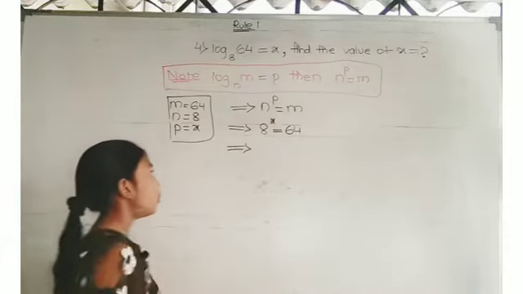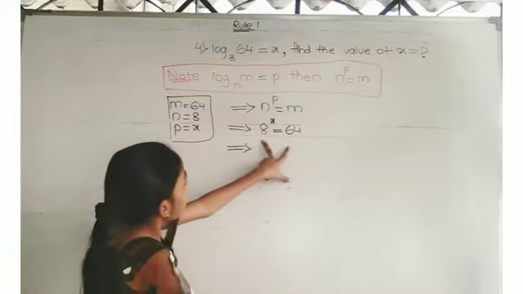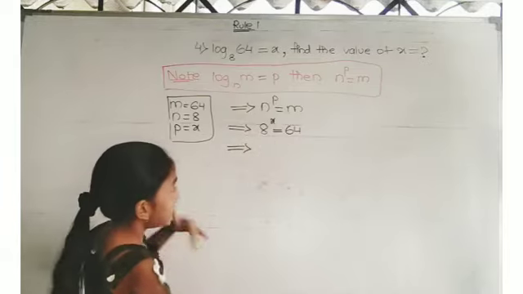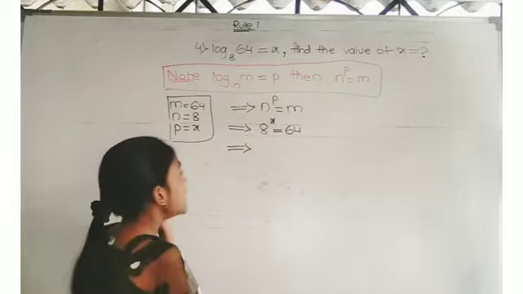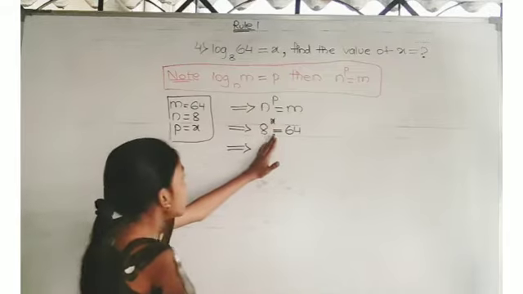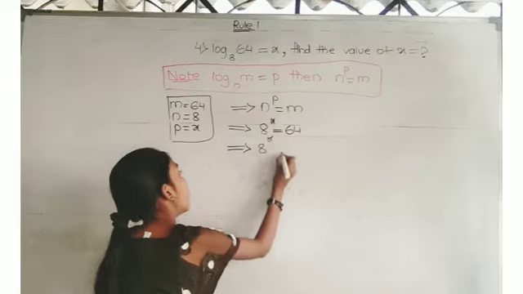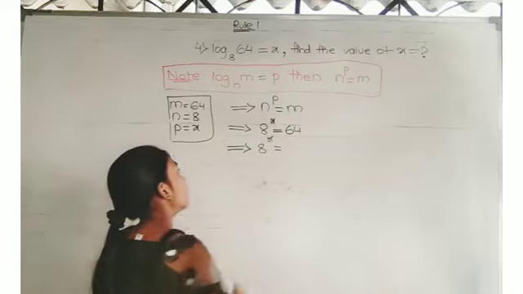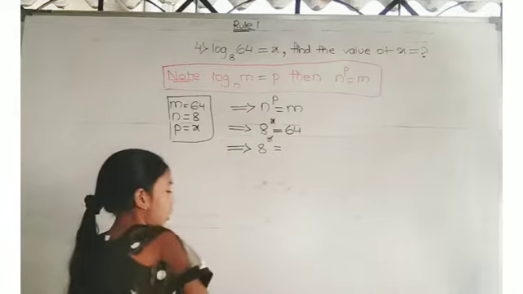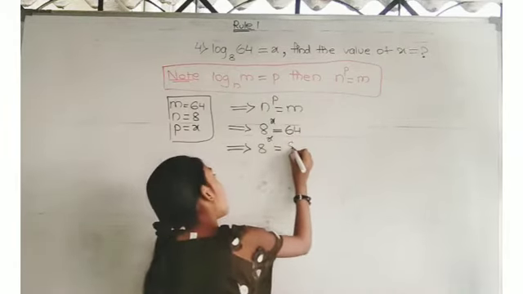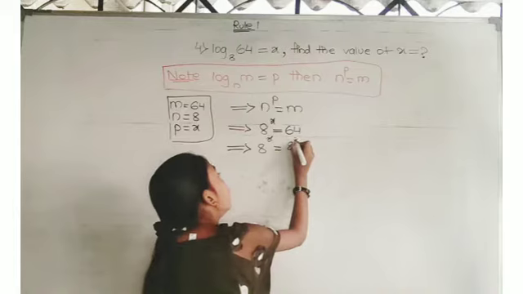What we have to do is make the base same. Now let this 8 be as it is. 8 raised to x is equal to, now 64 we are going to write as 8 raised to 2.